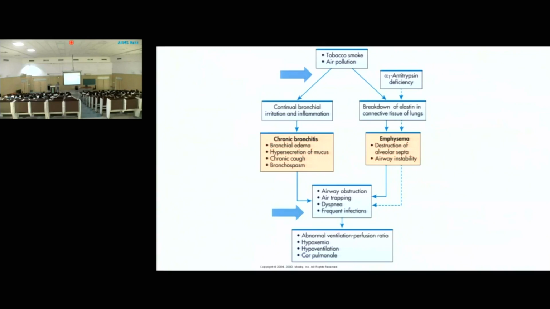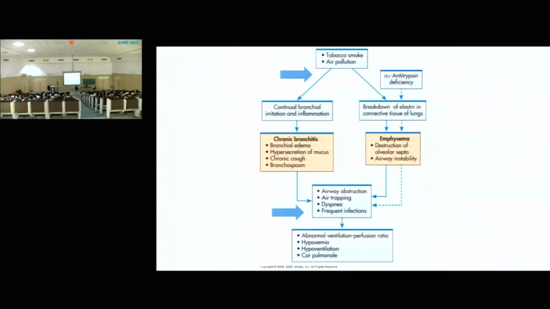So in general, considering the pathology, what happens is chronic tobacco smoke and air pollution, along with a few patients who have alpha-1 antitrypsin deficiency, we will see how this causes it. That leads to bronchial irritation and inflammation, and due to the alpha-1 antitrypsin deficiency, there will be breakdown of the elastin or connective tissue in the bronchial walls.